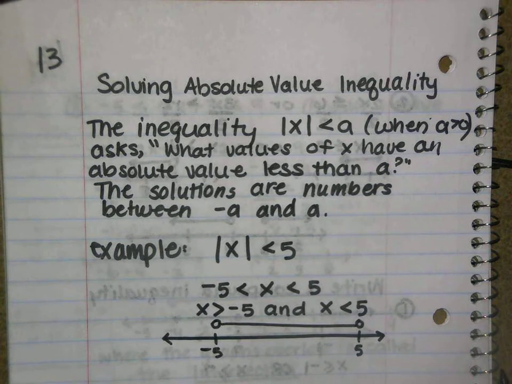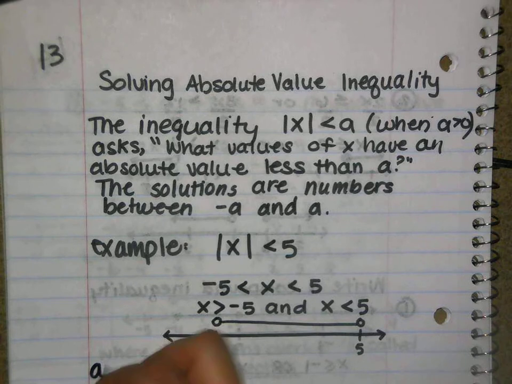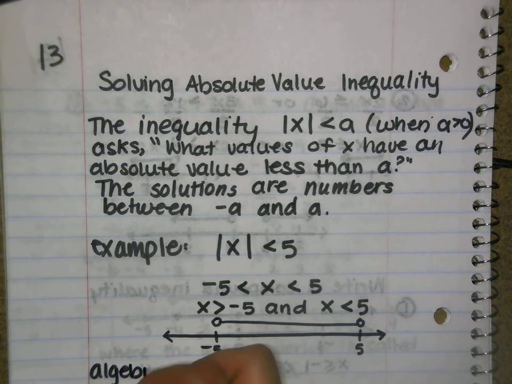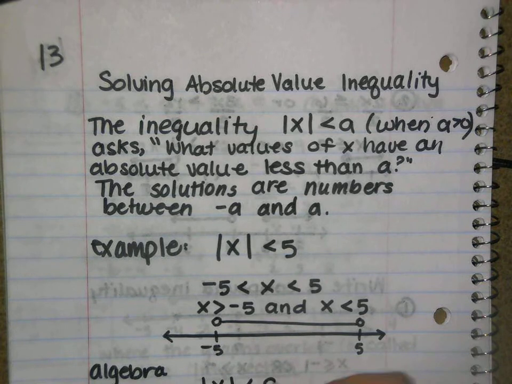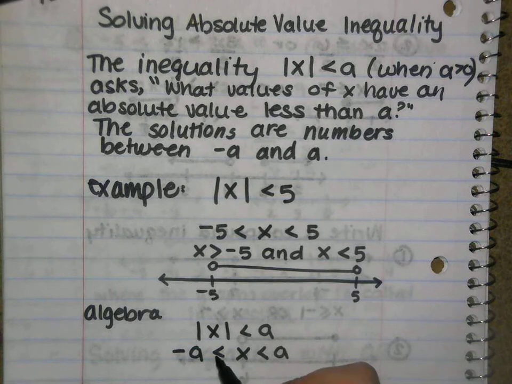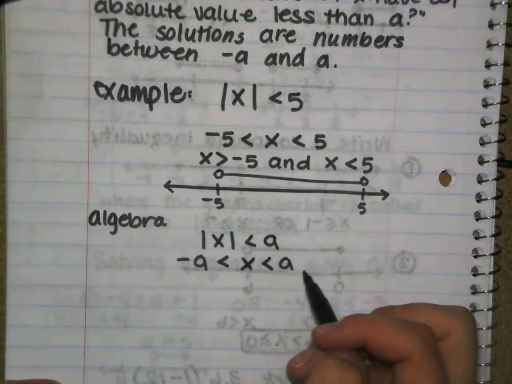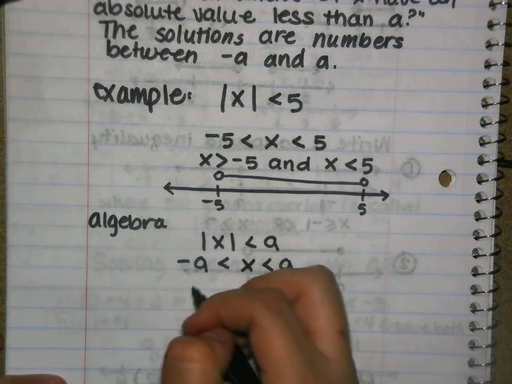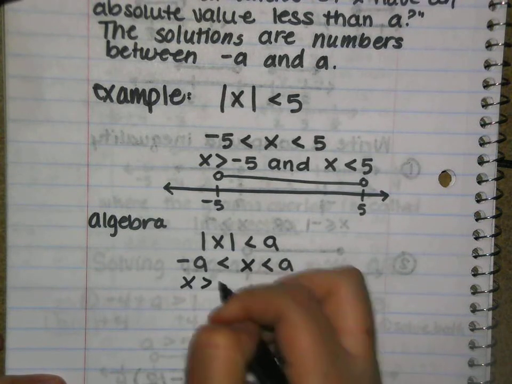Algebraically, we would say if we have the absolute value of x is less than a, then negative a is less than x is less than a. The negative a is less than x, and x is less than a, right? Or you could have written it x is greater than negative a and x is smaller than positive a.